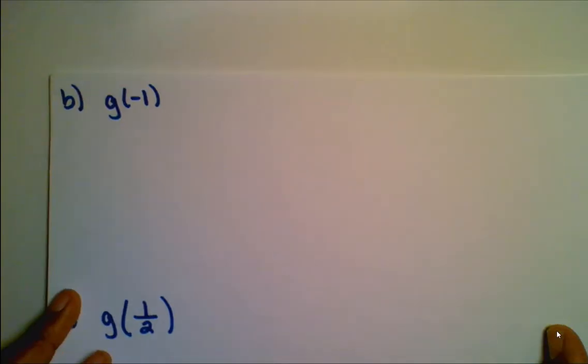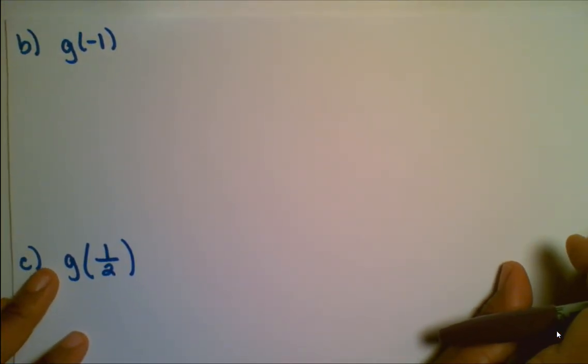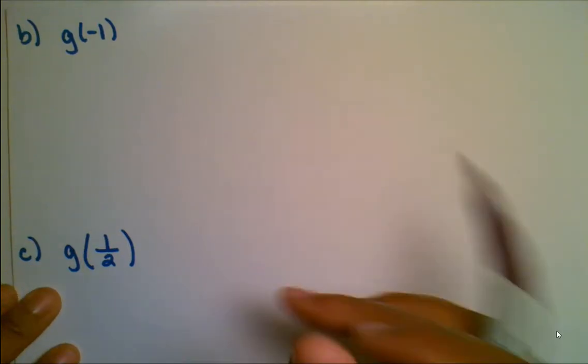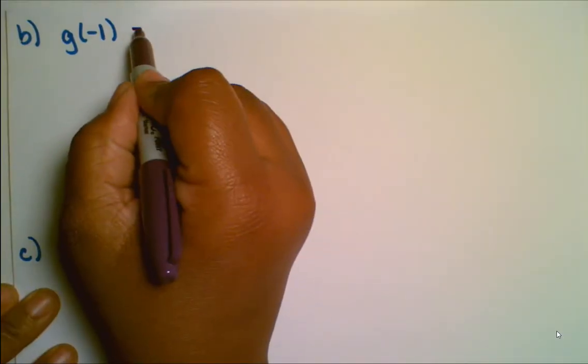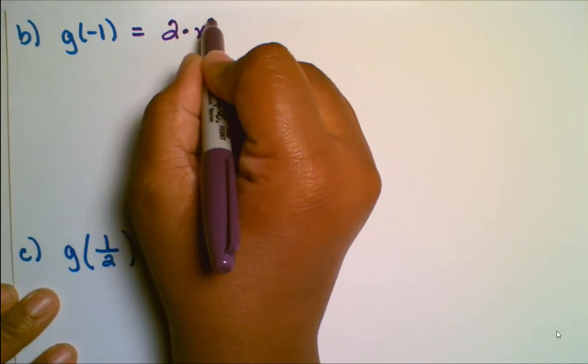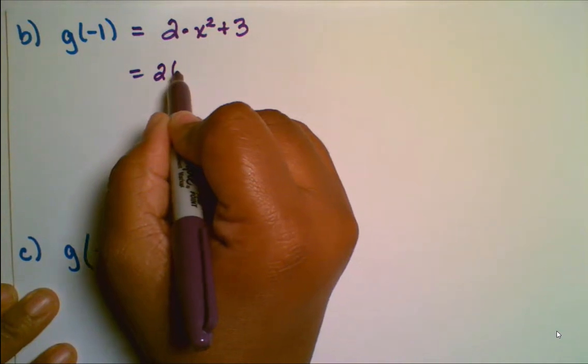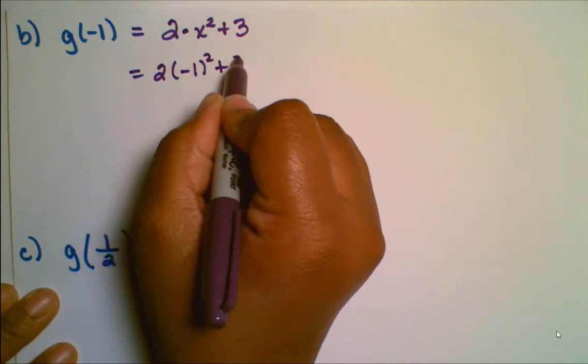Let's do the next one. Using the same expression, we're going to substitute negative 1 in for x. It says find g of negative 1. Here's the expression again, 2 times x squared plus 3. So we have 2 times negative 1 squared plus 3.